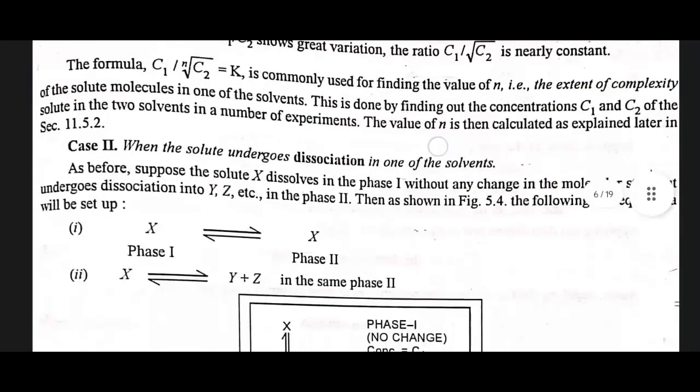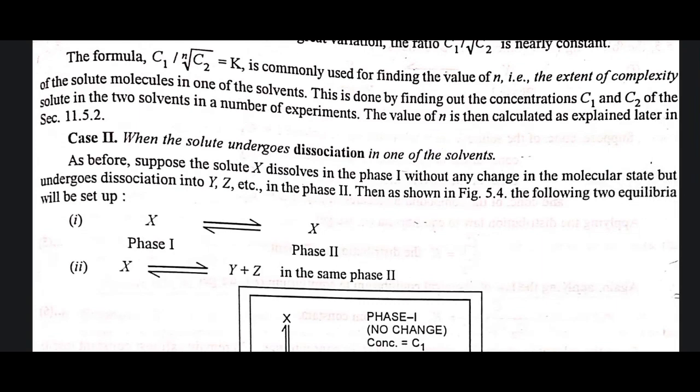Case 2. When the solute undergoes dissociation in one of the solvents. As before, suppose the solute X dissolves in the phase 1 without any change in the molecular state but undergoes dissociation into Y, Z, etc. In the phase 2, the following two equilibria will be set.